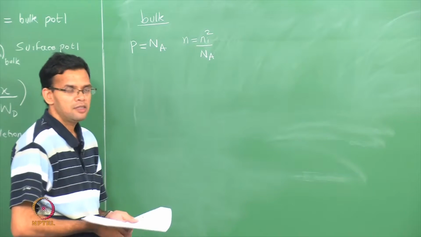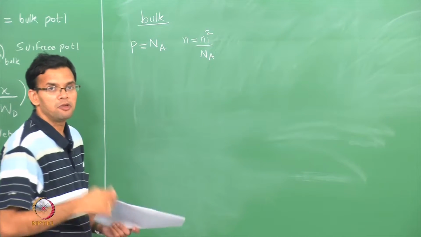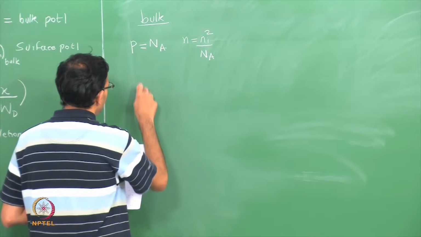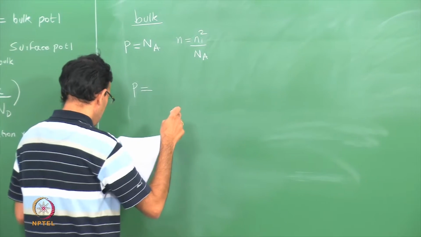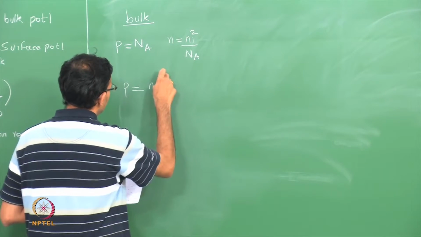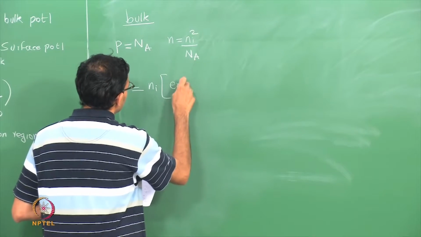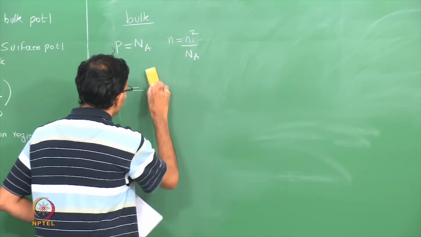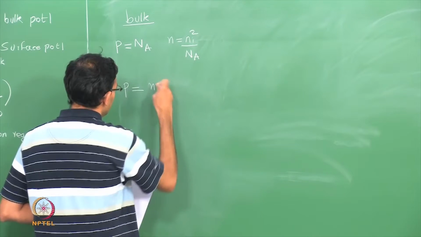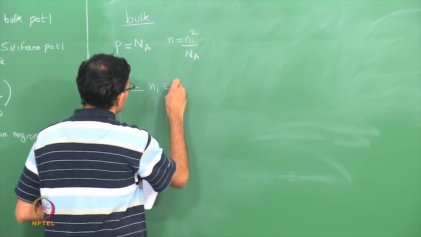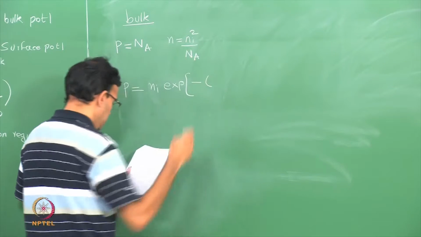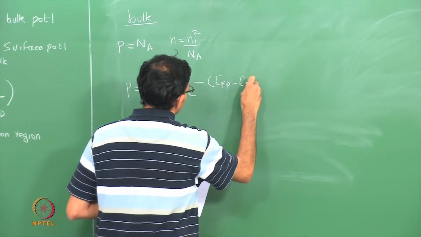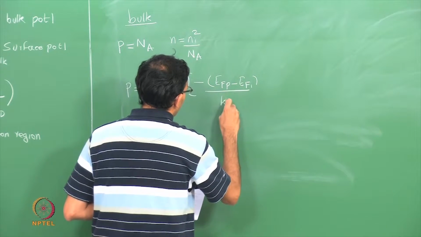We can also relate the position of the Fermi level to P, and if you were to do that, P is nothing but Ni exponential minus EFP minus EFI over kT.